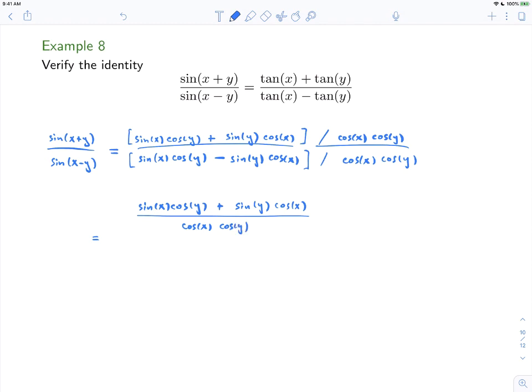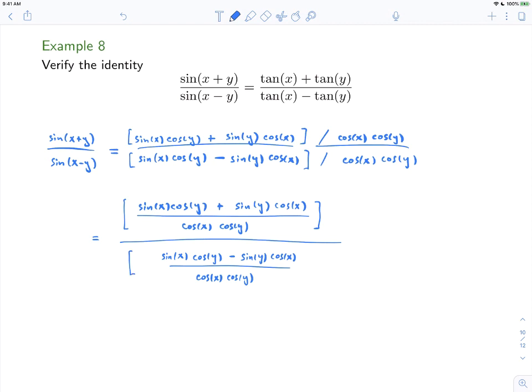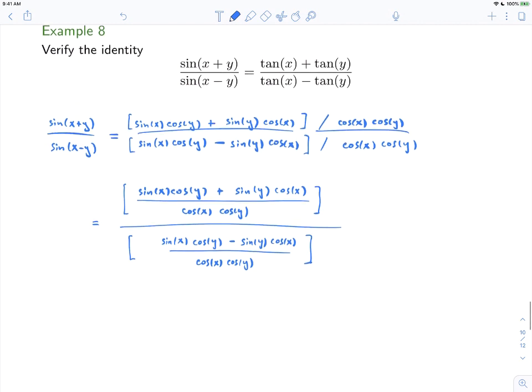And all of this is going to be divided now by sine of x cosine y minus sine of y cosine x, and we're dividing this by the same thing, cosine x cosine y. Let's put brackets around the numerator and brackets around the denominator. Okay, our objective here is to simplify this now.